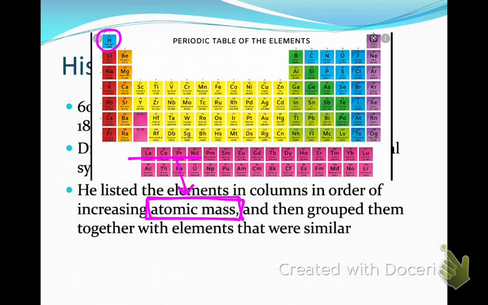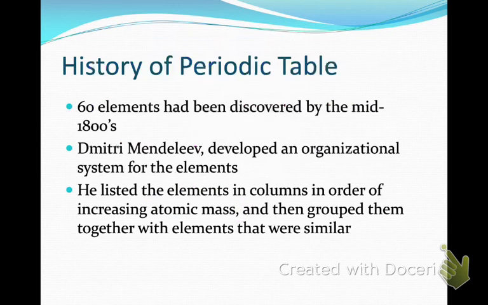Hydrogen has an atomic number of 1, helium 2, lithium 3, 4, 5, 6, 7, 8, 9, 10. We're going by increasing atomic number. Atomic mass just happens to increase with that. So his periodic table is different than what we have today, but his first one was grouped by atomic mass, and that's important for us to know.